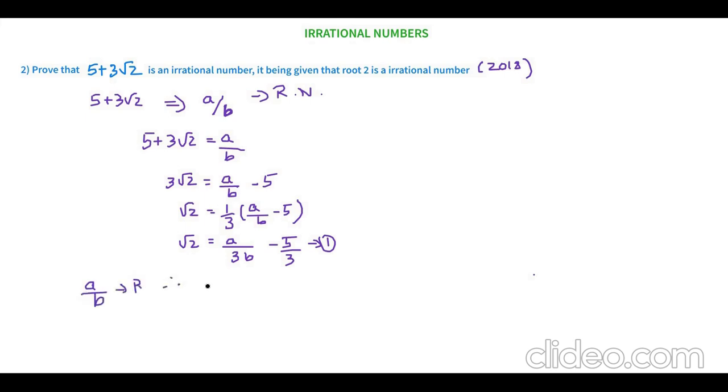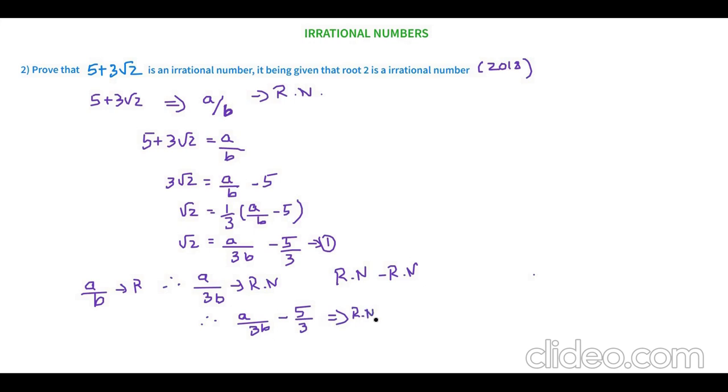Therefore, a by 3b is also a rational number. When we subtract a rational number from a rational number, the answer will always be a rational number. So therefore, we get to know that a by 3b minus 5 by 3 is a rational number.